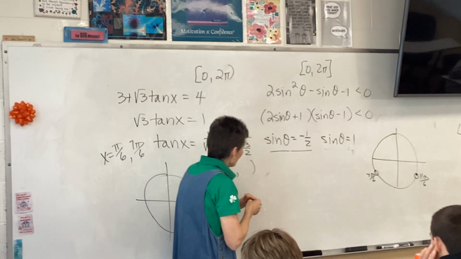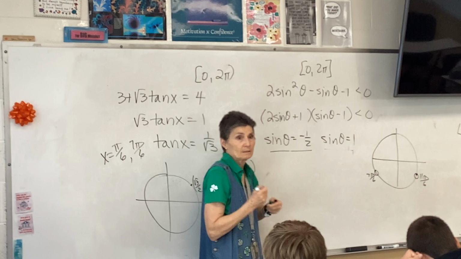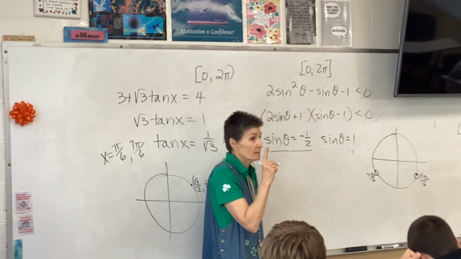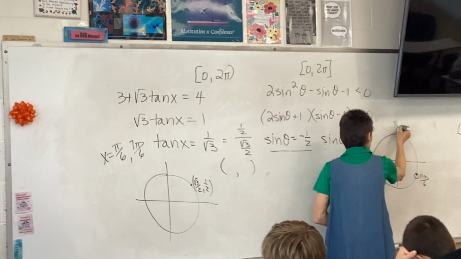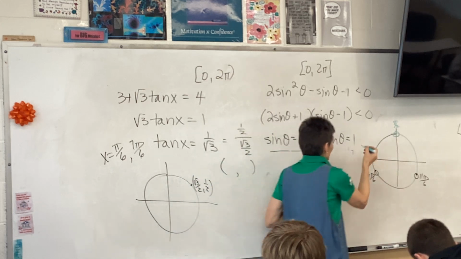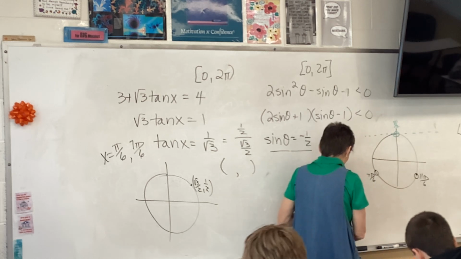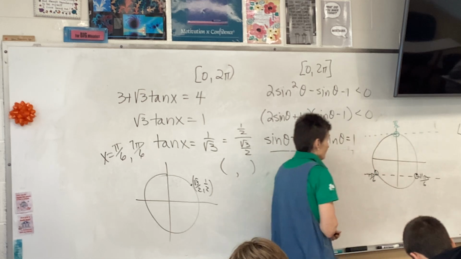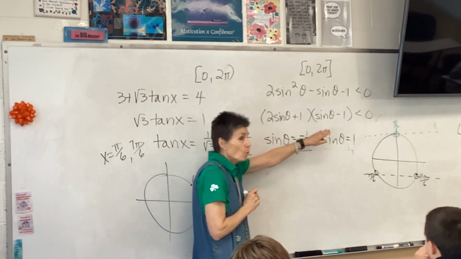And then, where does the sine actually equal 1? The only place it equals 1 is pi over 2. So, here are kind of my dividing lines. There's my green line. Here's my black line. Now, this is an inequality.